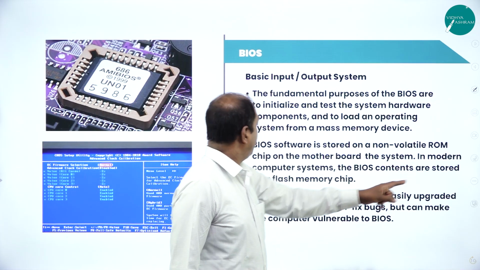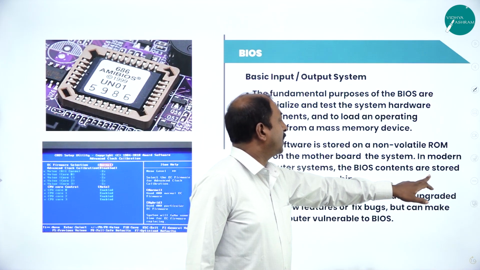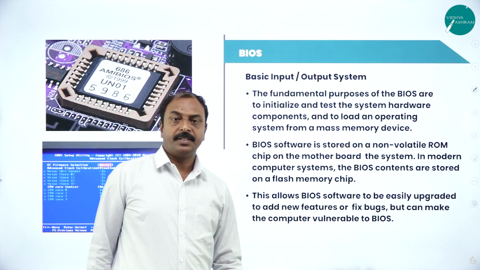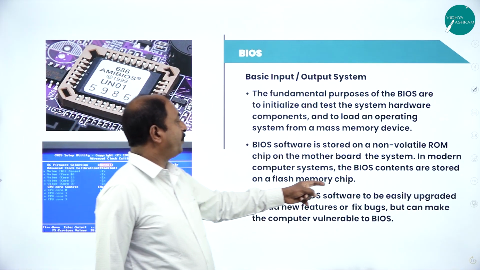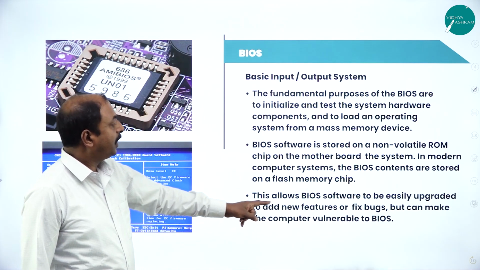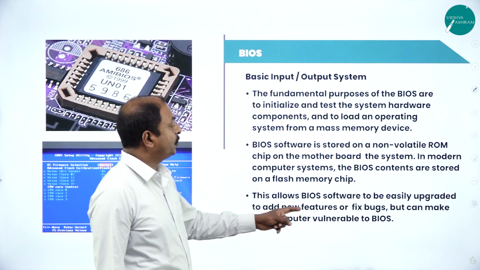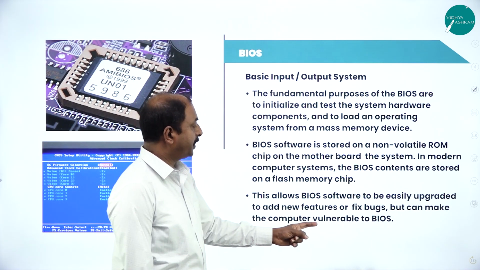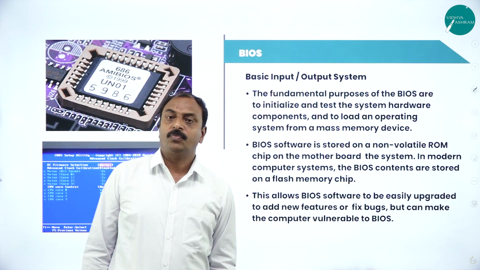In modern computers, the BIOS contents are stored on a flash memory chip. Nowadays we can see the BIOS chip as flash memory, and this allows BIOS software to be easily upgraded to add new features or fix bugs, but can make computers vulnerable to BIOS attacks. This is the function of BIOS.